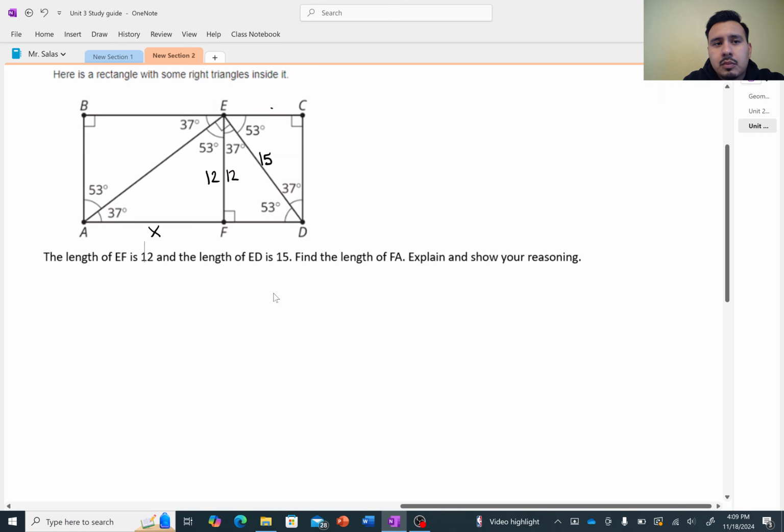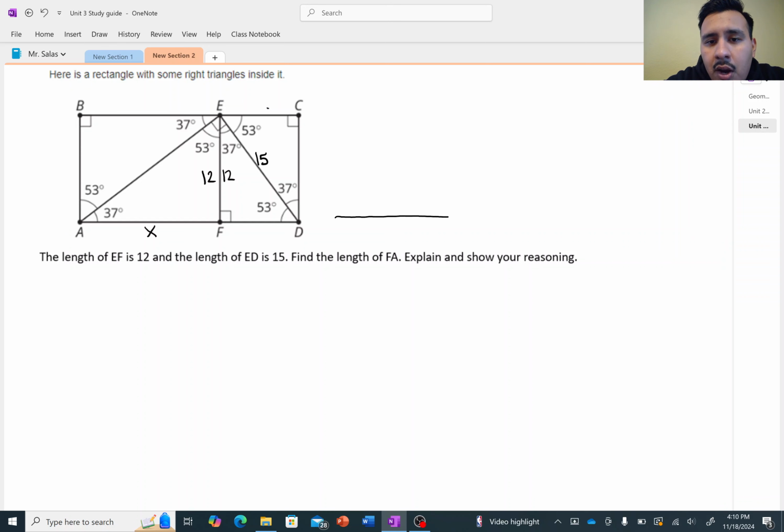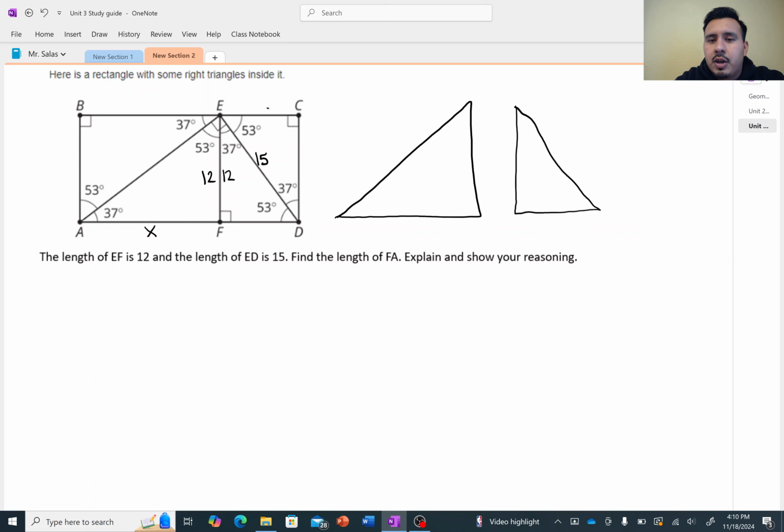I'm going to go ahead and draw out both triangles there on the side. That's one triangle, and here's a smaller triangle. So we said this was 12, this was 12, this I don't know, and this I know it's 15.